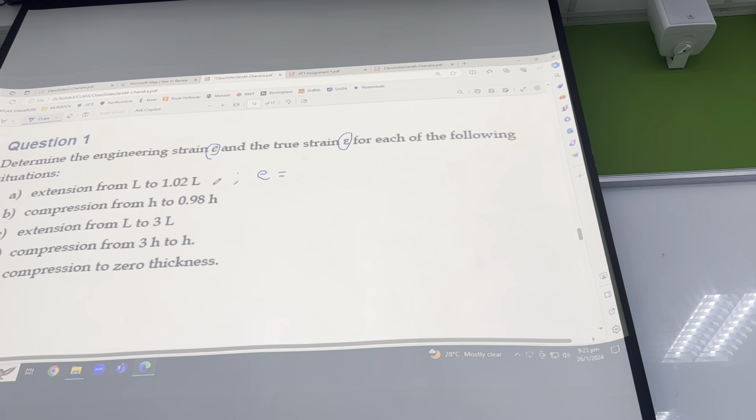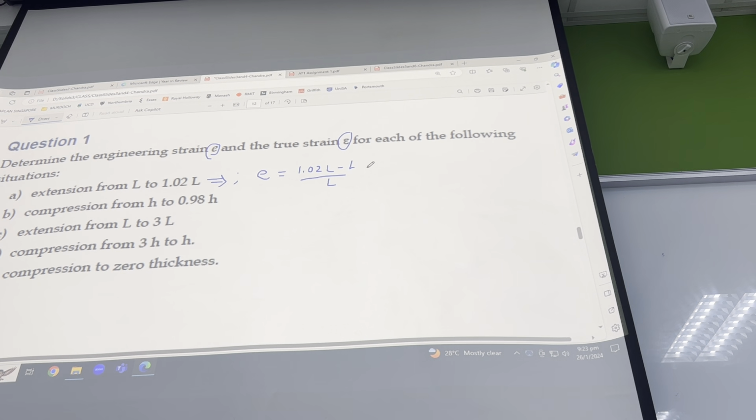So final length in this case is 1.02 L minus L over L.